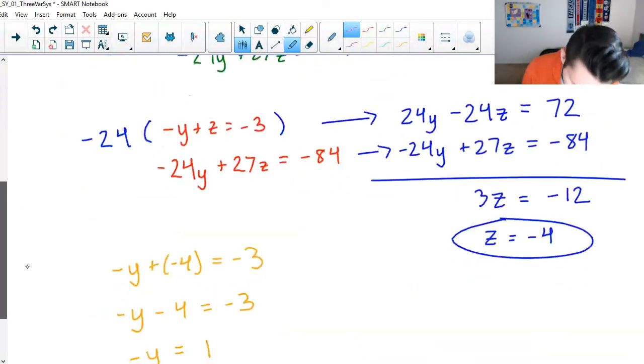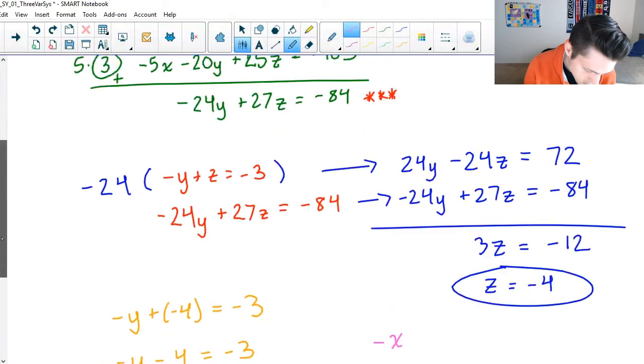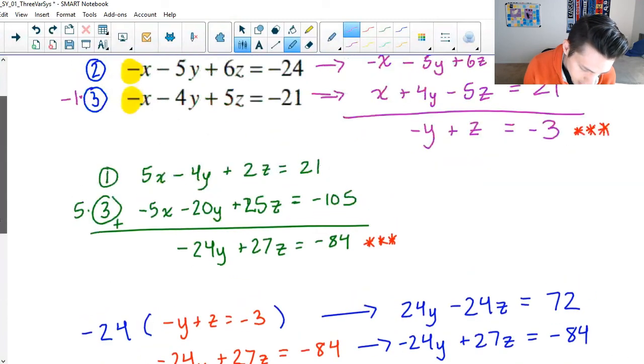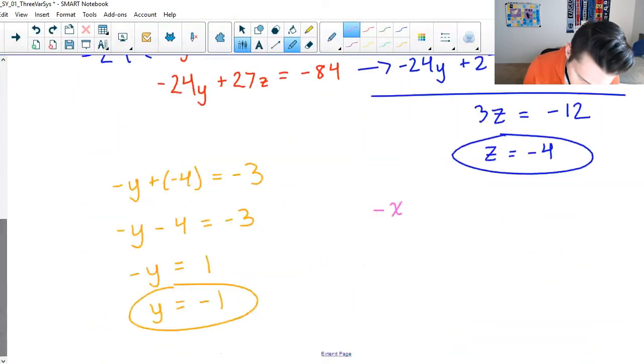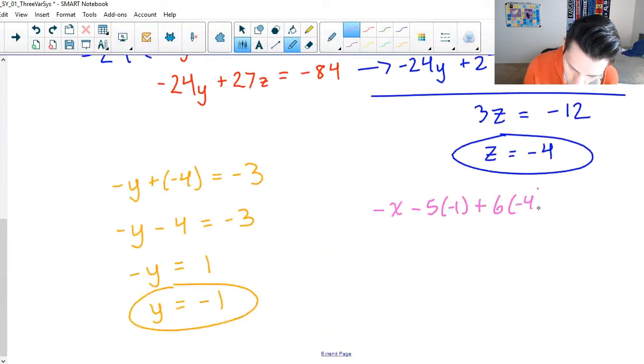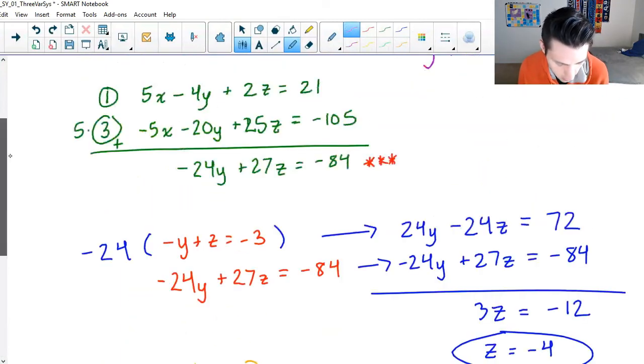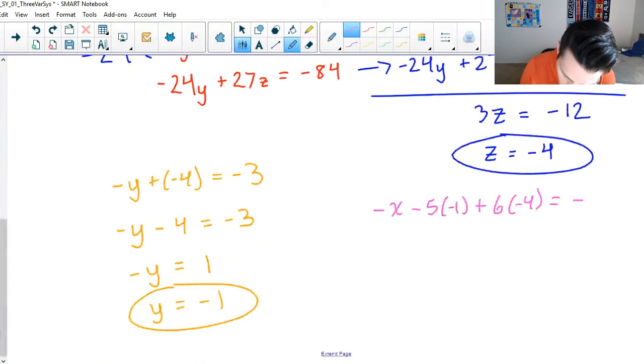But I'll have to scroll up and down a lot. Negative x minus 5y plus 6z equals negative 24. Dang it.